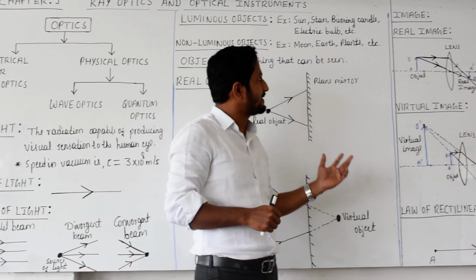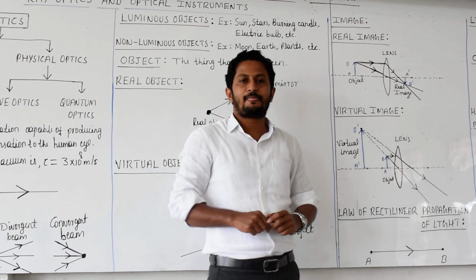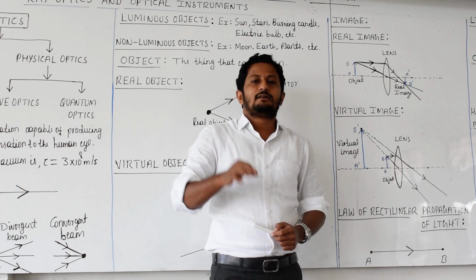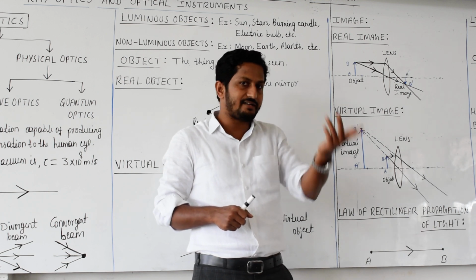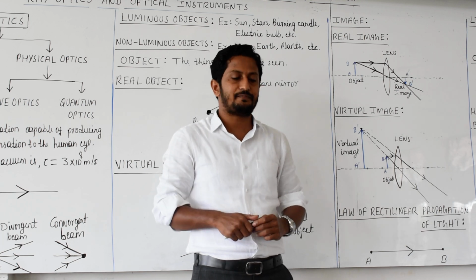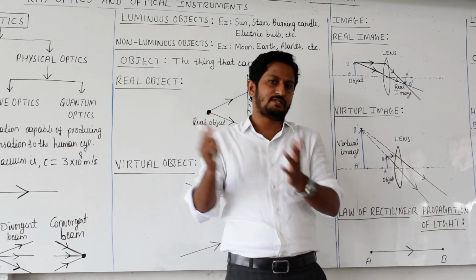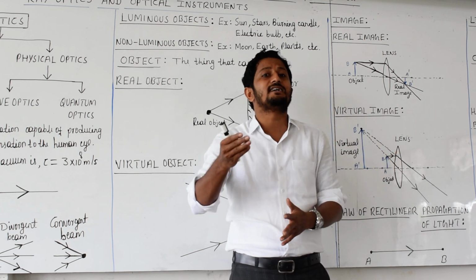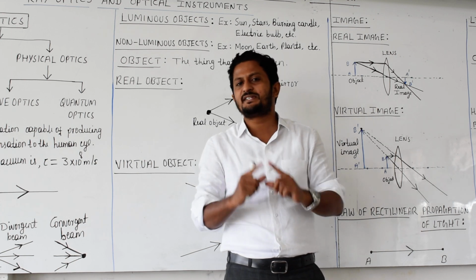After the object, we should know about image. What does image mean? Already I said, the intersection point of reflected or refracted light rays we call an image. From any kind of object, light rays are coming and they fall on optical elements like a mirror, lens, or prism.